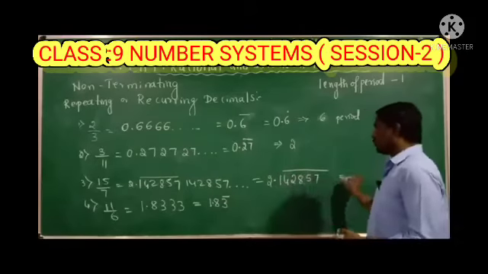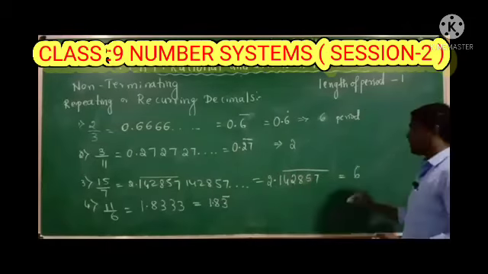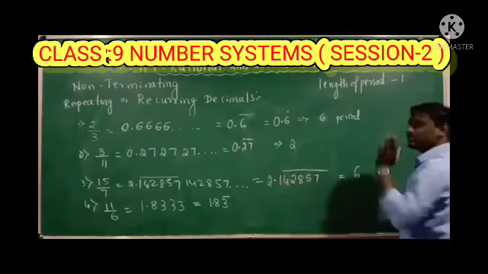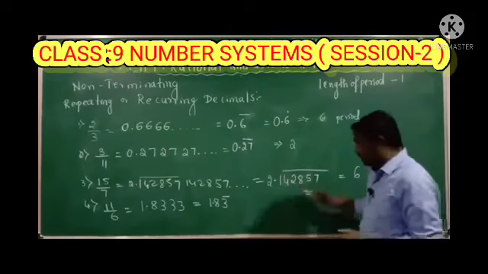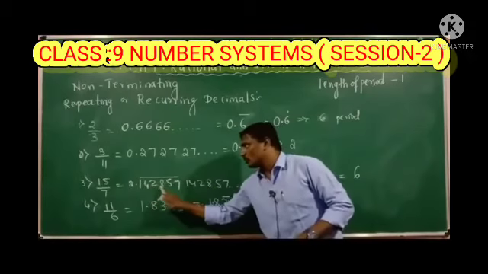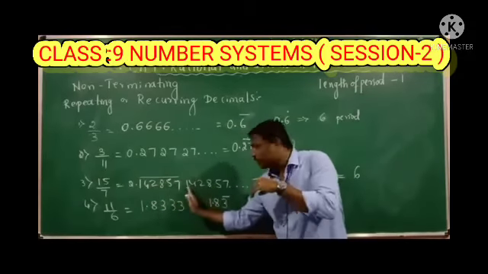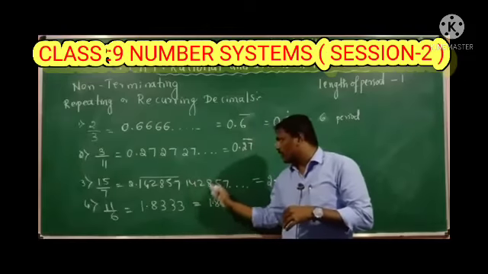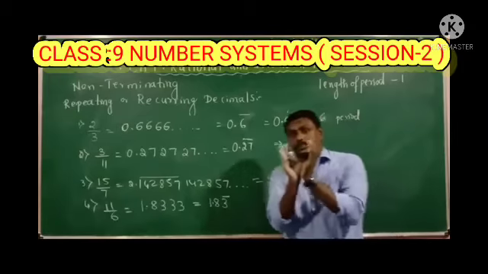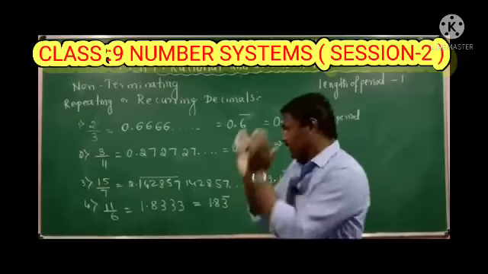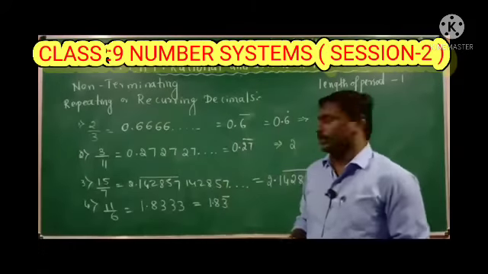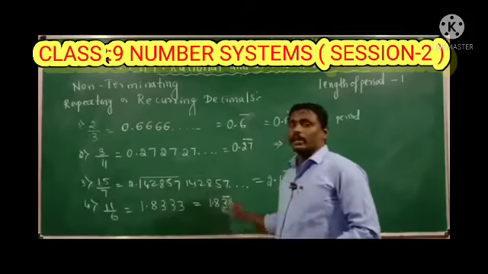Here the length of the period is 6, because once these 6 digits are complete, the same sequence repeats: 1, 4, 2, 8, 5, 7. Next again 1, 4, 2, 8, 5, 7. Once a set of 6 numbers is completed, that same set repeats one more time. Here the repeated number is 3.